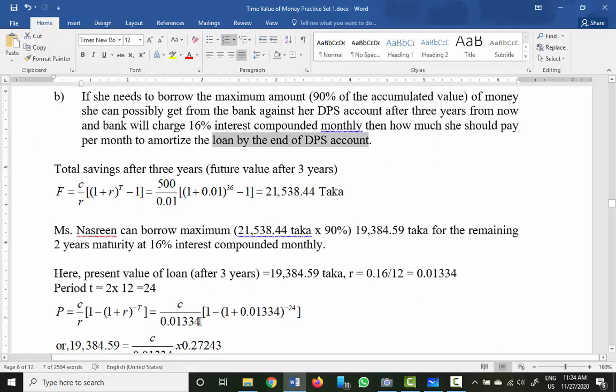If you use the power 36, that means 36 installments, to find out the future value, the total accumulated value is 21,538.44 taka.